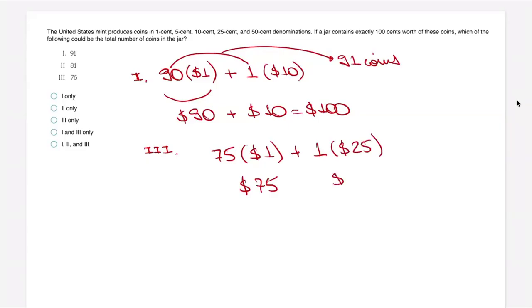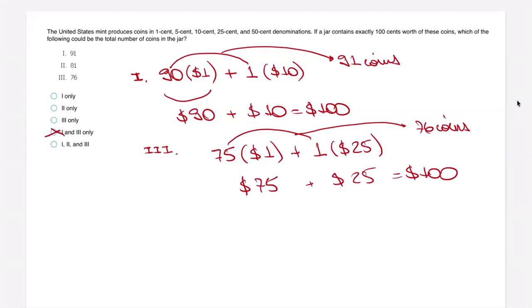So I have 25. So I have 100. Is that okay? And I have 76 coins. So 1 and 3. Okay? This is horrible.